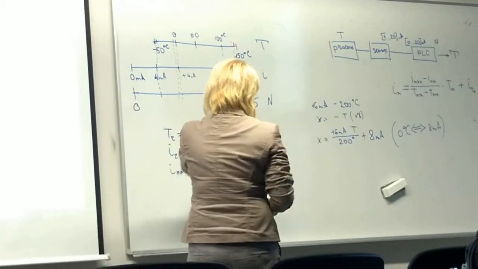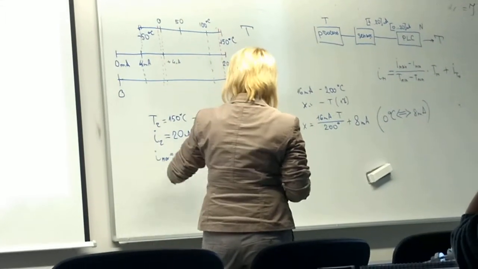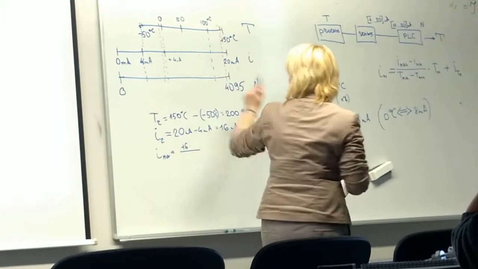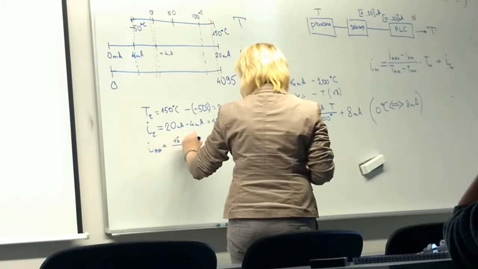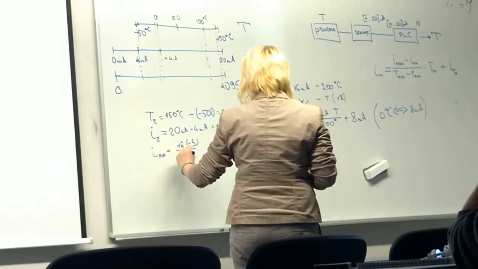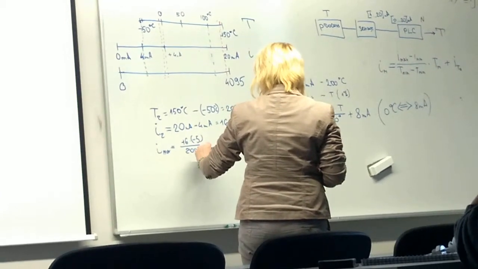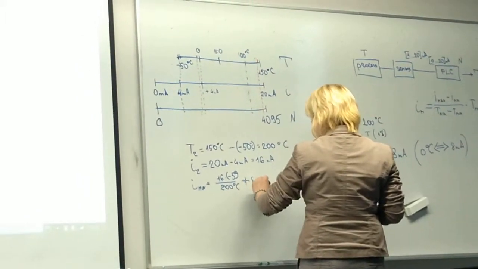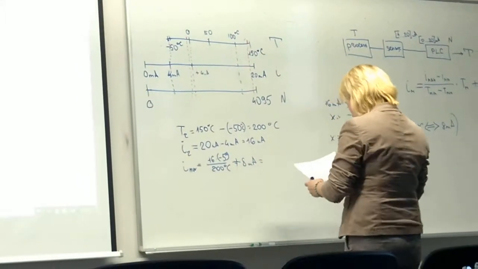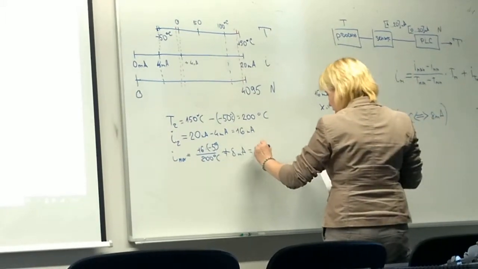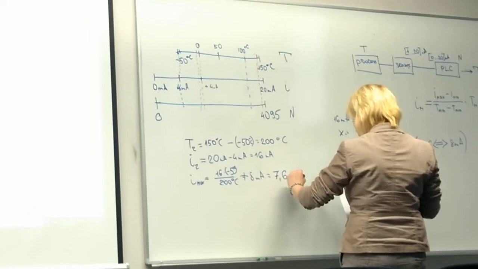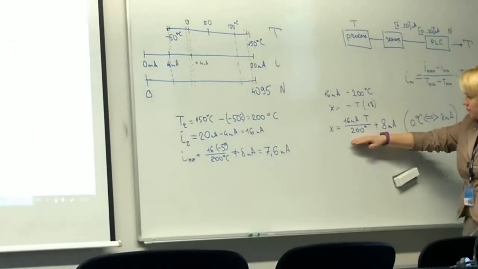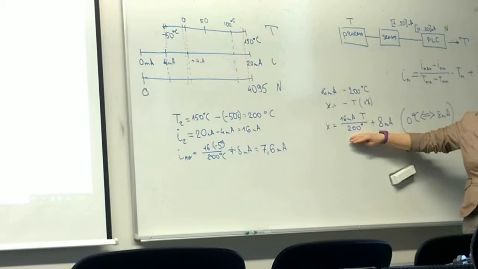Again, in that case we will have 16 multiplied by the minimal temperature for our process, -5, divided by 200 degrees Celsius, plus 8 milliamperes. So we will obtain 7.6 milliamperes.